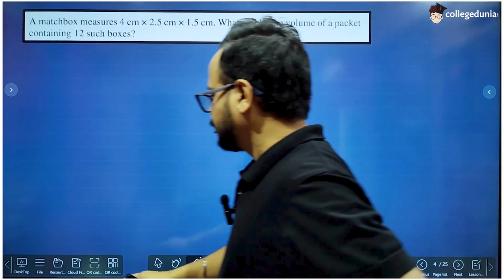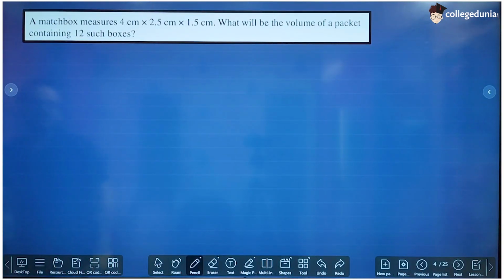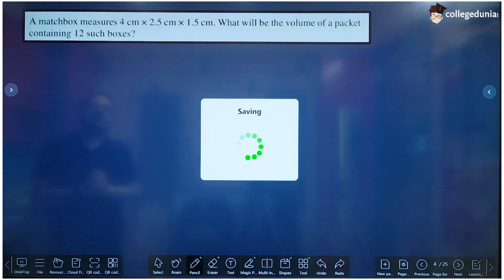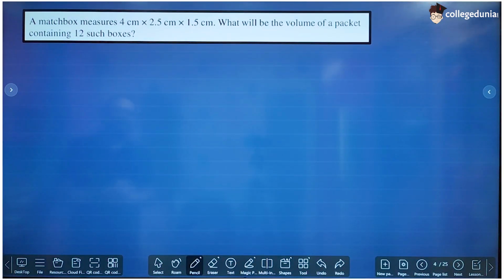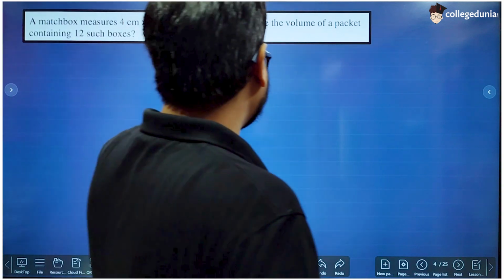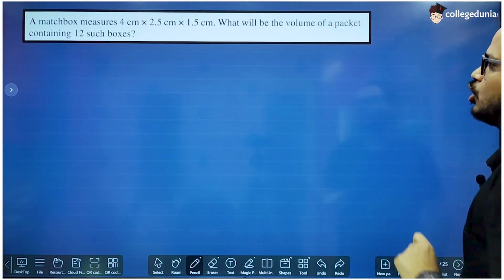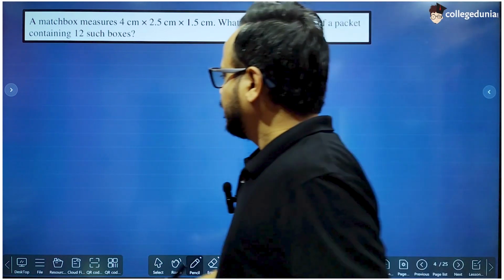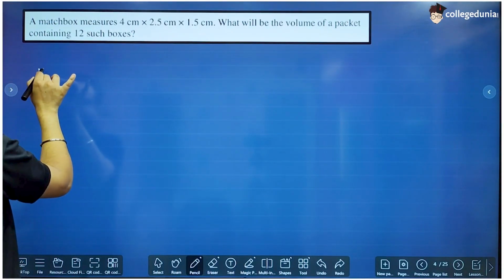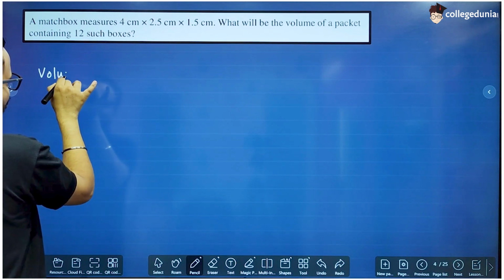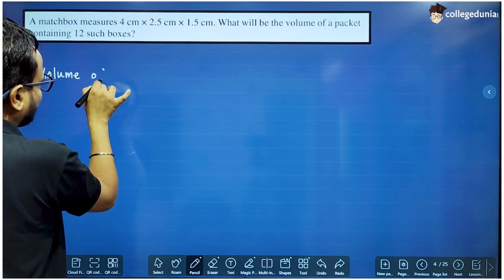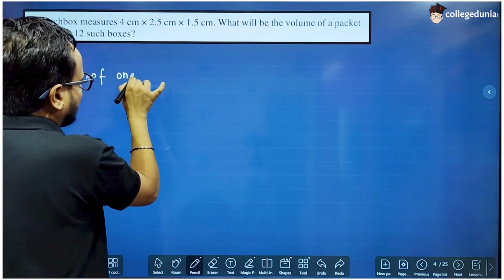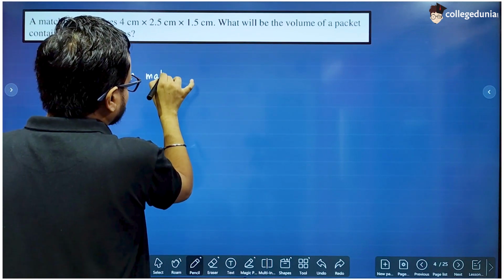Next, matchbox. A matchbox measures this by this by this. What will be the volume of a packet containing 12 such boxes?